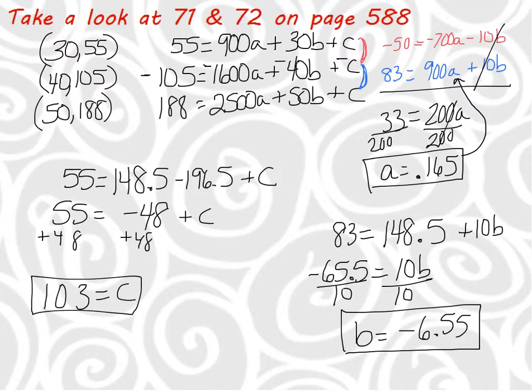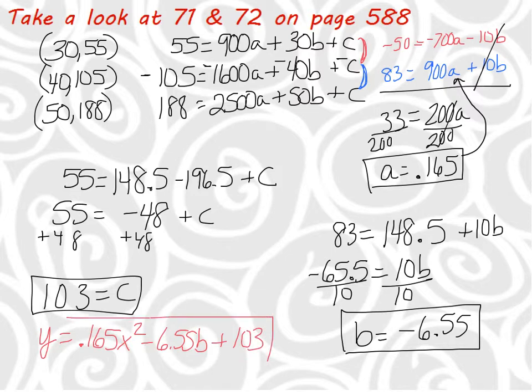Okay, and so part A asks you to write the equation of the quadratic. So here's what we would do: go ahead and fill in the a, b, and c into the equation. This is basically your answer to part A. The equation would be y equals 0.165 x squared, and then plus the b, so that'd be minus 6.55b, and then plus your c, 103.